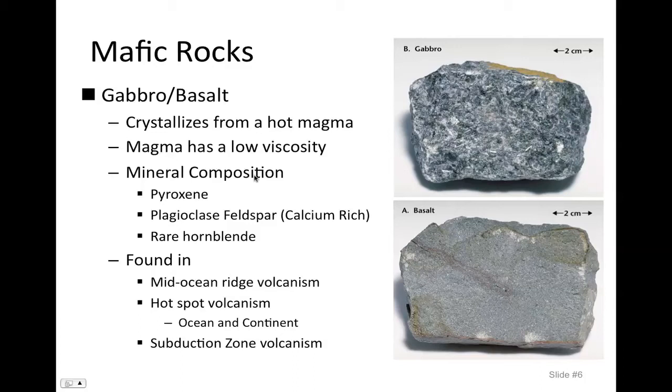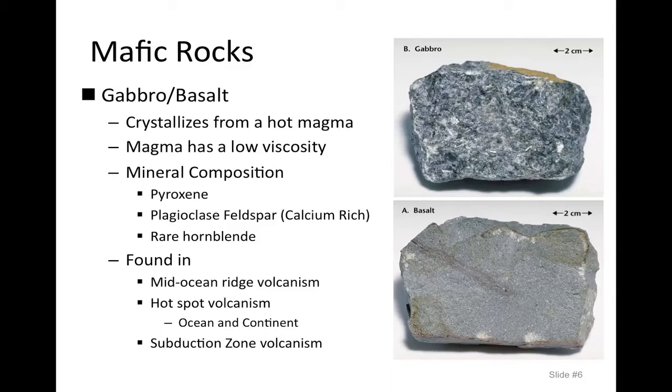It's a very fluid, runny magma, and we typically see those kind of eruptions in Hawaii. If you've seen images of Hawaiian eruptions like Kilauea, you'll see the lava flows very runny-like, and that's because of the low viscosity. This type of rock is found virtually everywhere.